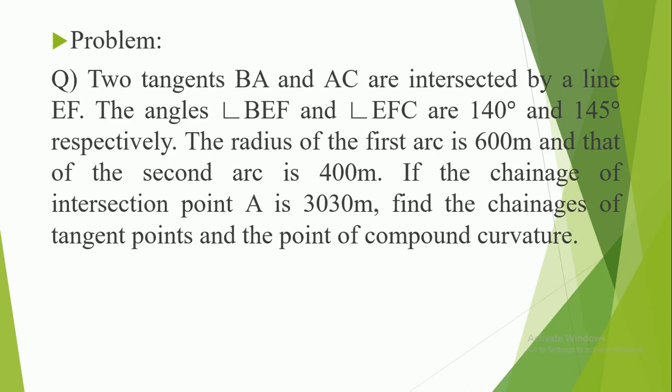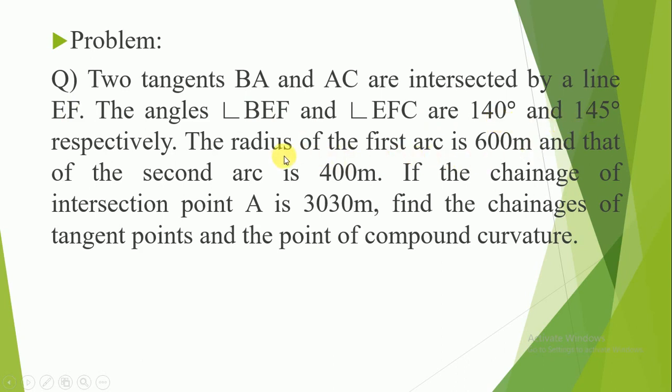In this problem, they have told that BA and AC are the two tangents that are intersected at the common point A, because you can see here A is common between the two lines, and EF intersects these two main alignments BA and AC at the points E and F respectively, at angles of 140 degree and 145 degree.